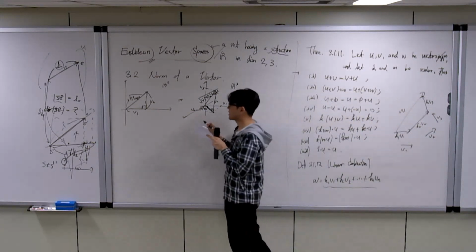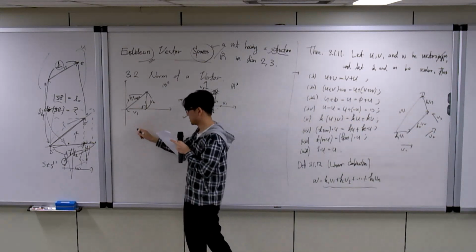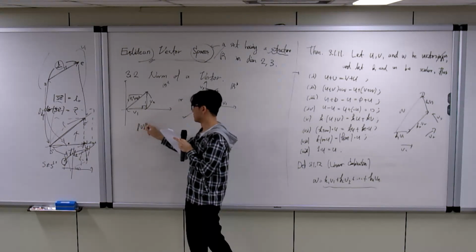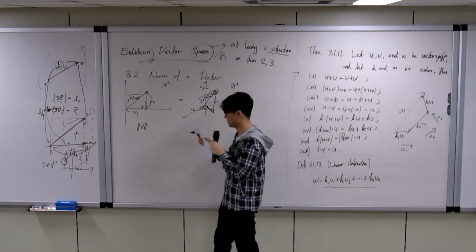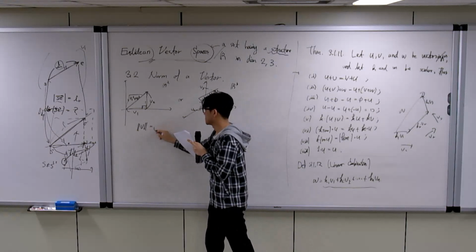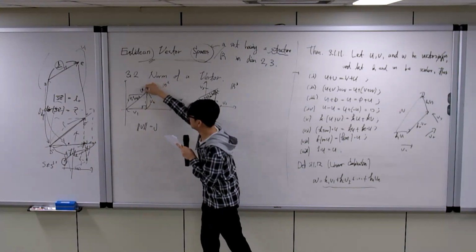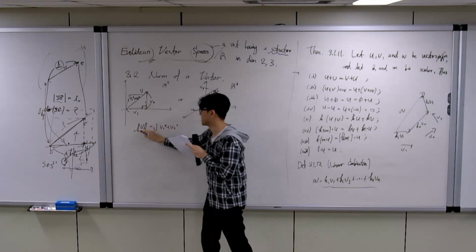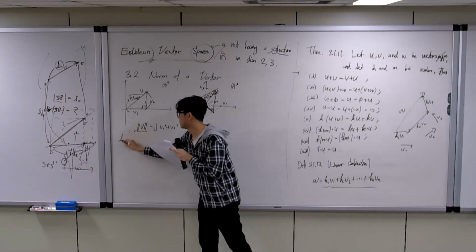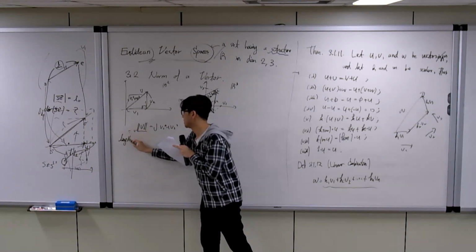I will use this notation for the norm, using double lines. It means this vector is v and v's length is, this means the length of v.